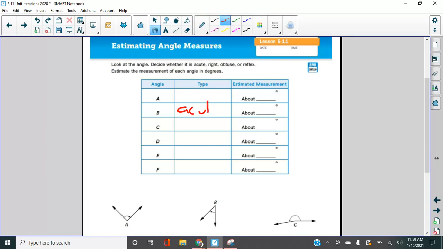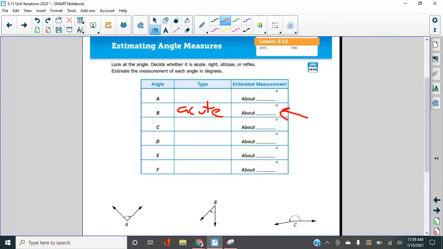And then you're going to estimate how many degrees you think it is. Look at your page right next to it, okay? You can see that it's going to be less than 90, but more than 0. So you're going to find that estimate. You're going to put down how many degrees you think it is open.